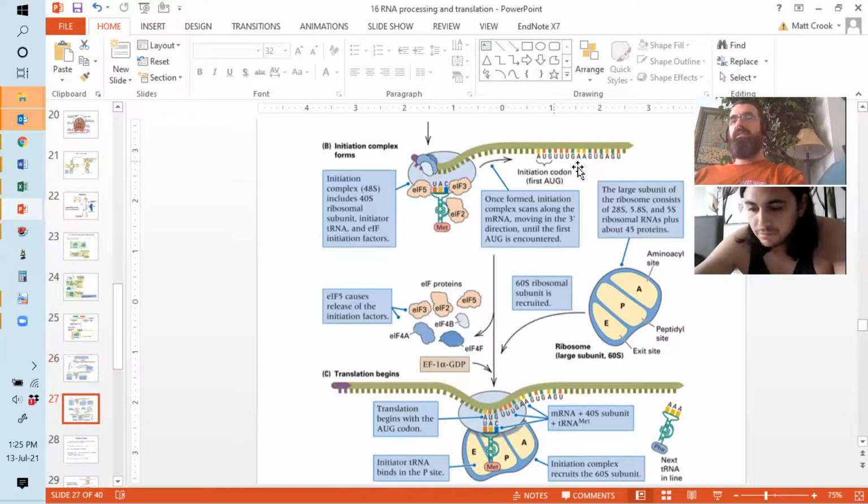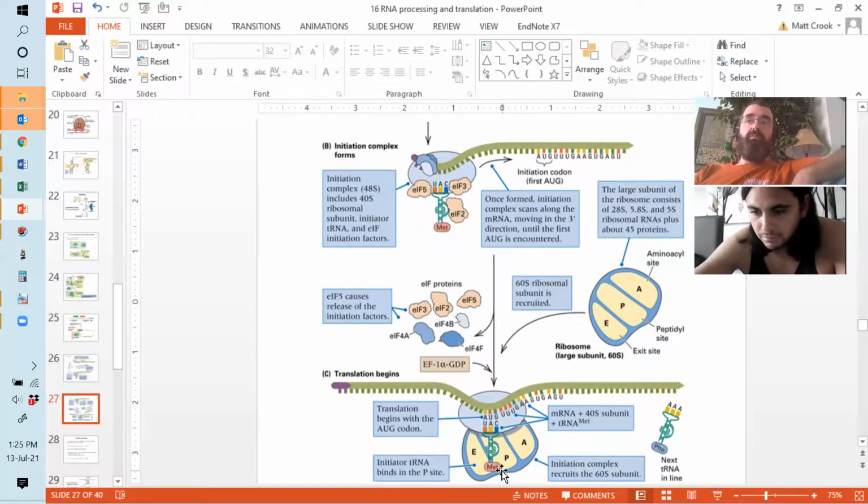And so as you can see, it scans along, finds it. Now all this other stuff hoofs it off, allowing the large subunit to assemble on top of the tRNA just as it does in prokaryotes. And just as it does in prokaryotes, you see the methionine tRNA is in the P site, the peptide bond forming site.